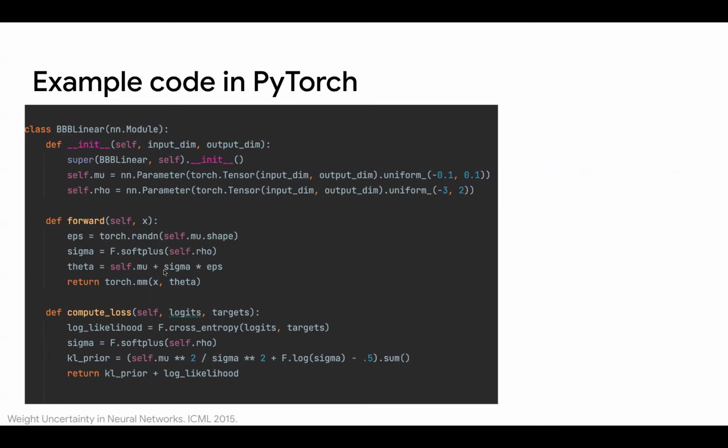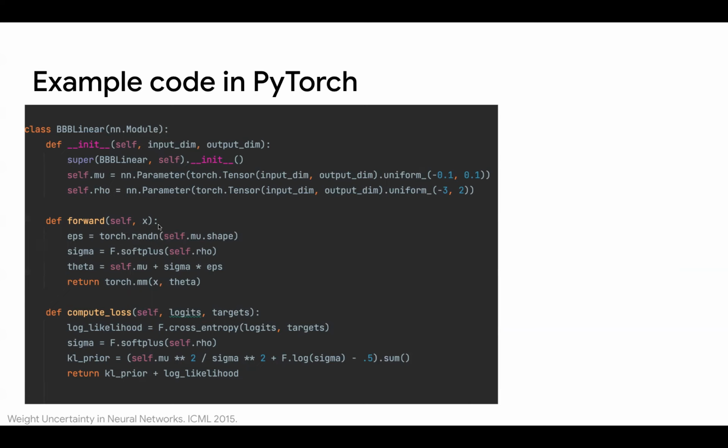So this is an example PyTorch code for Bayes by Backprop. This is just a linear layer, but I also put a loss function on top. Okay, so in the init phase, you define the parameters, right? So mu and rho are now parameters, of size the same as the number of weights in your model.